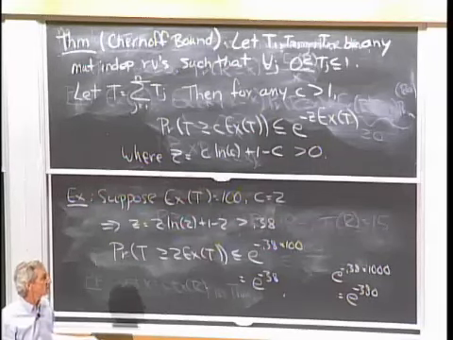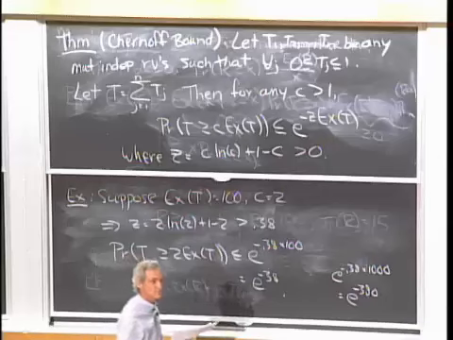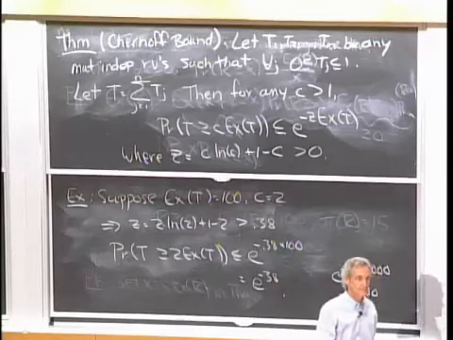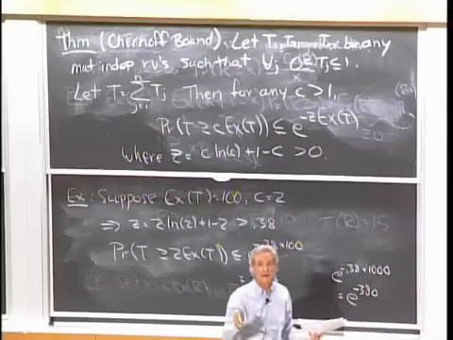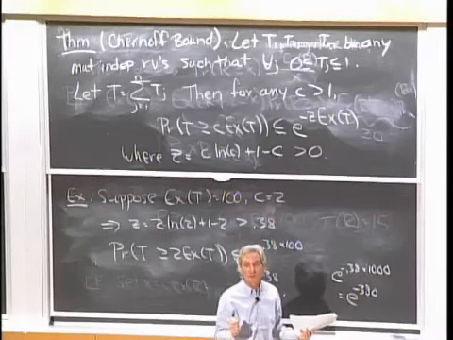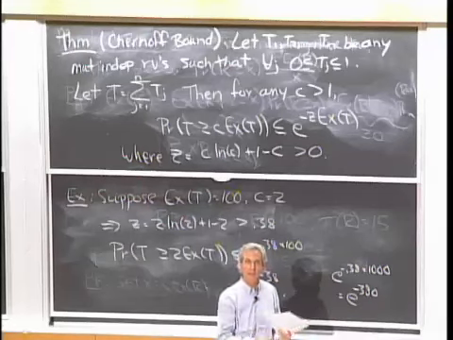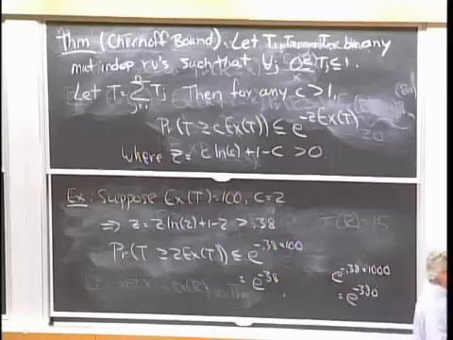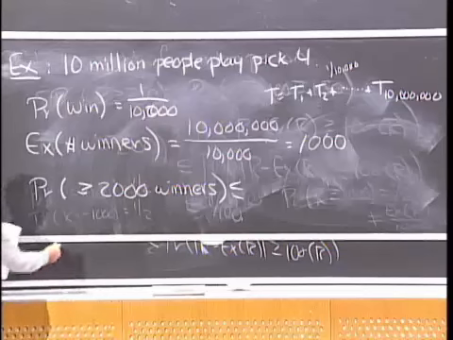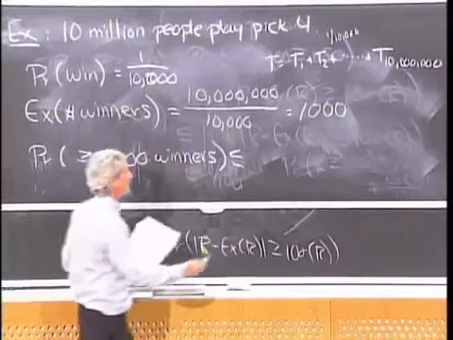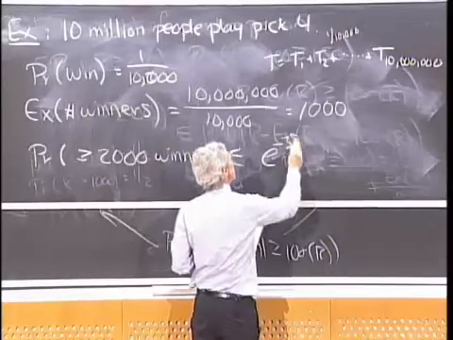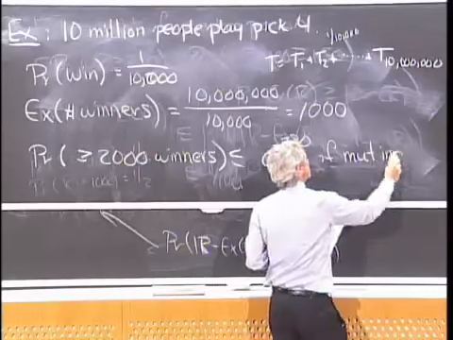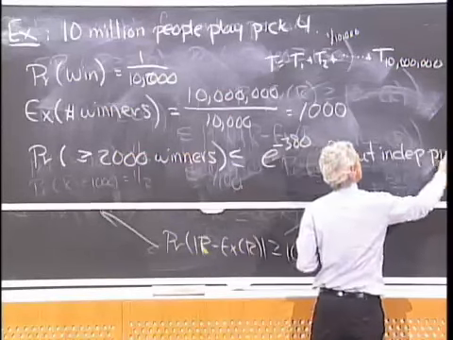Mutual independence. Mutual independence of what? The numbers people picked. And we already know if people are picking numbers, they don't tend to be mutually independent. They tend to gang up. But if you had a computer picking the numbers randomly and mutually independently, then you would get e to the minus 380 by Chernoff, if mutually independent picks.